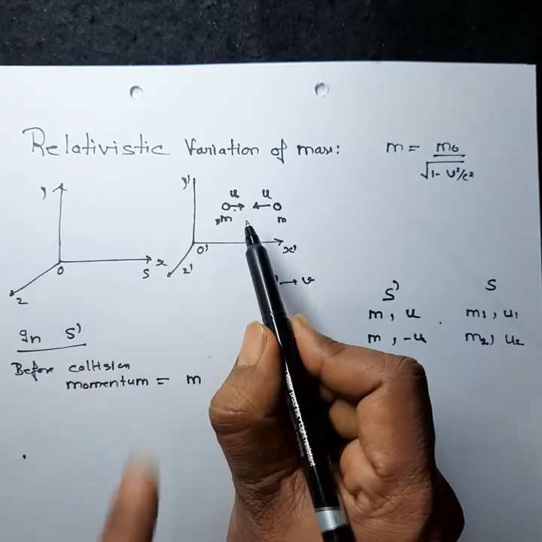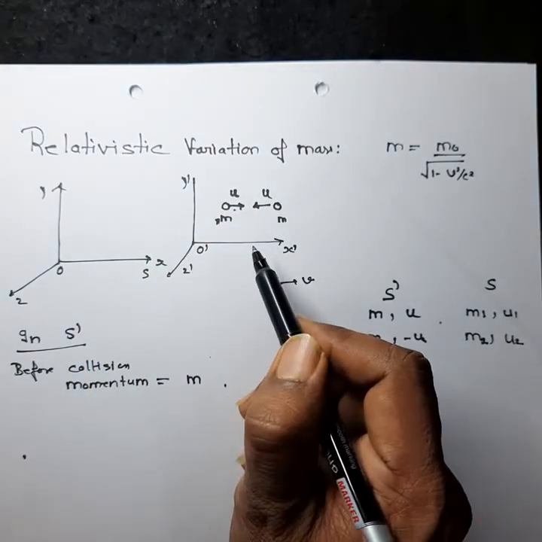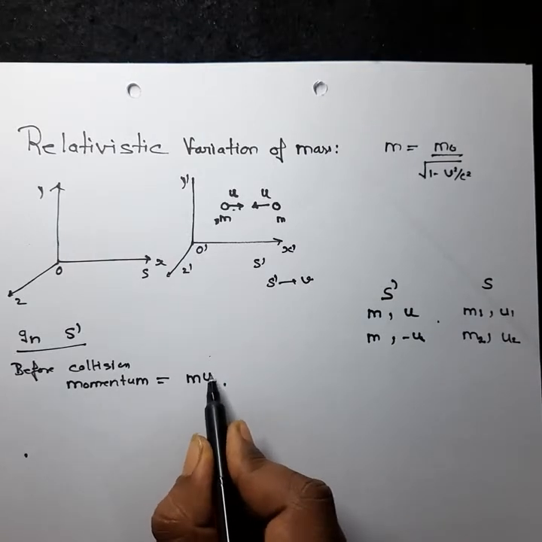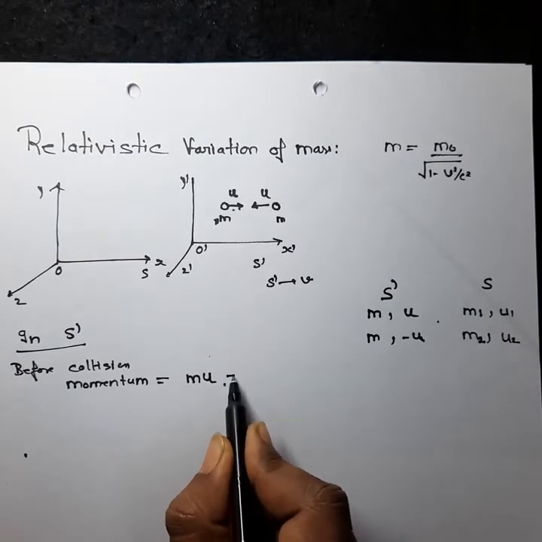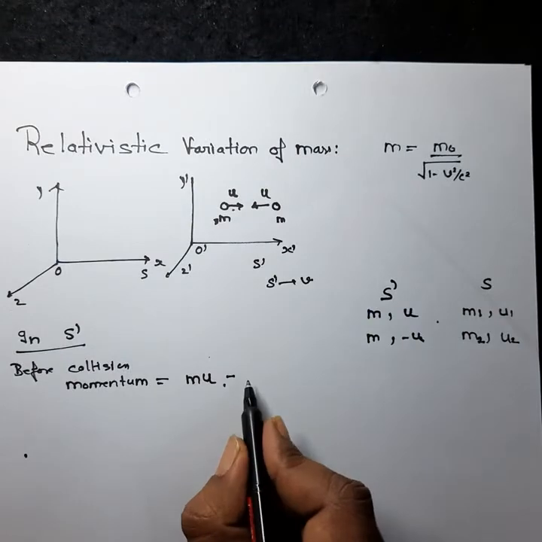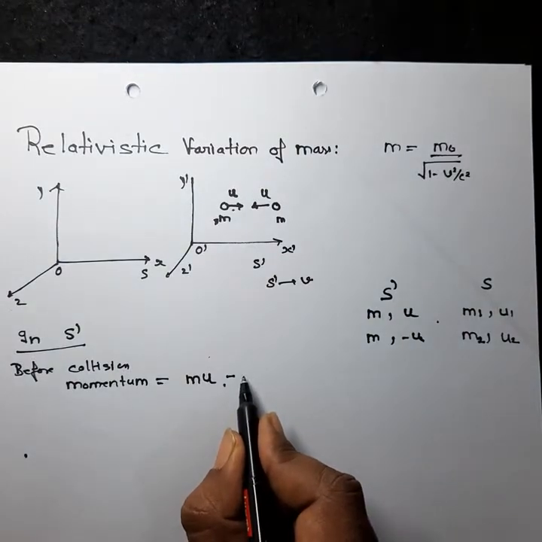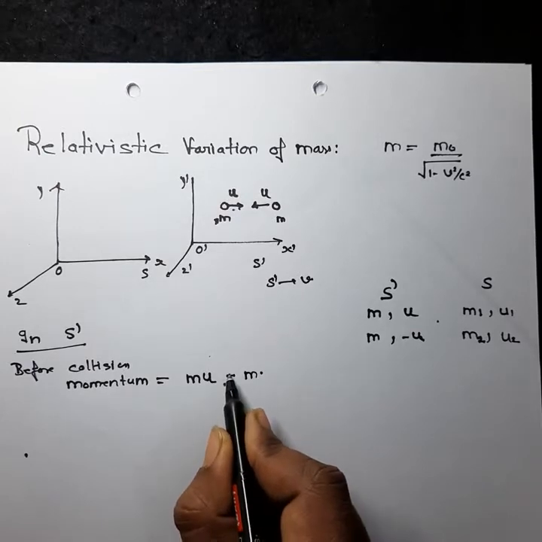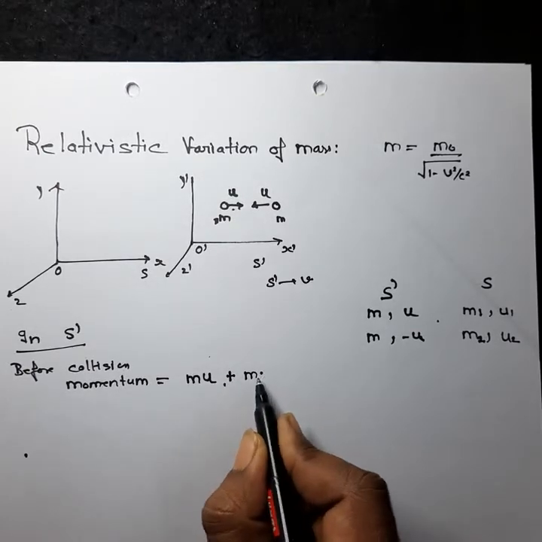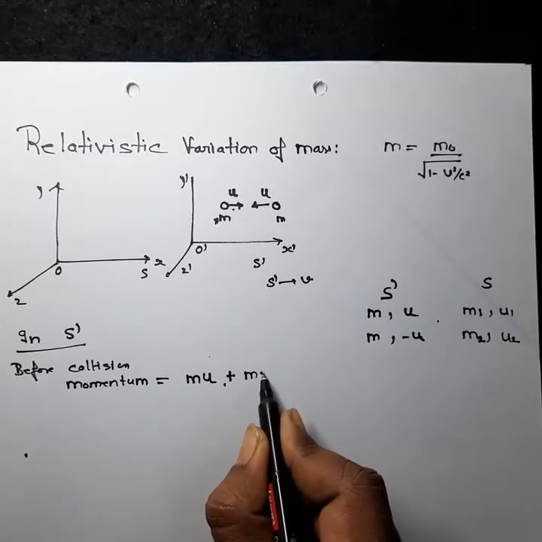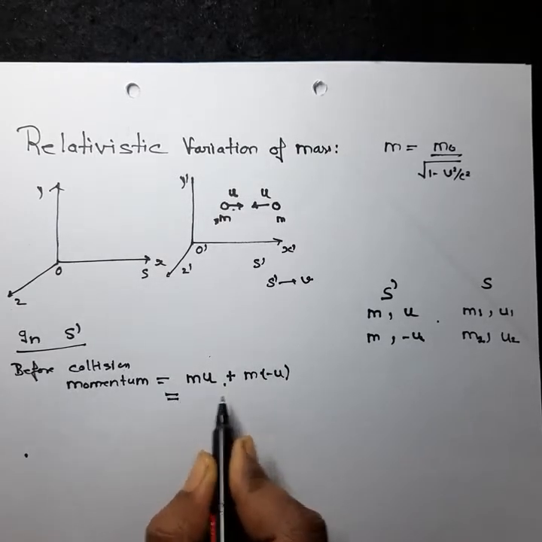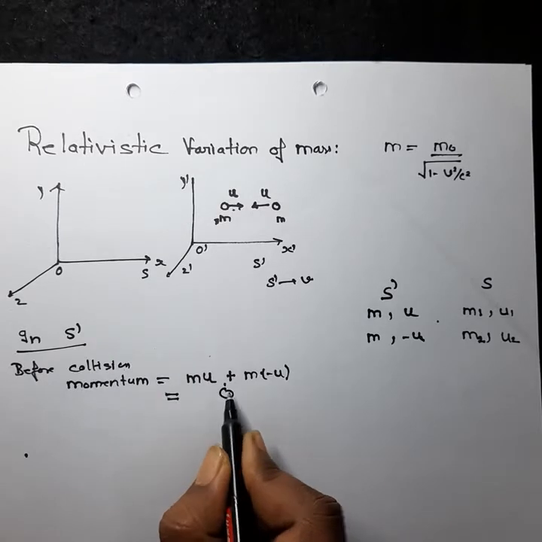But what is the momentum before the collision? For the first object it is m multiplied by its velocity u, plus for the second object mass m multiplied by its velocity, that is minus u. So the initial momentum before collision is 0.